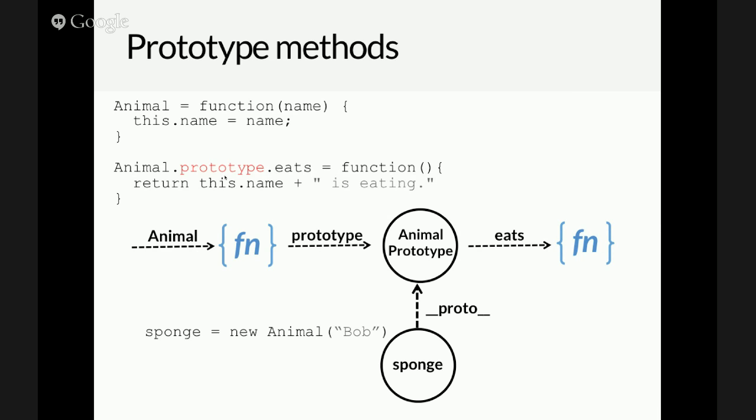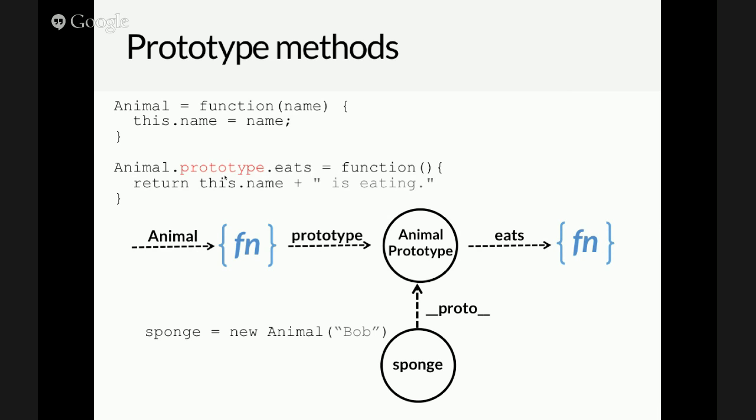And it's going to walk up the proto to the animal prototype. And it's going to say, do you have an eats method? And it does. And it will return that eats method, which is kind of cool. If we can point the proto where we want, we can stash methods and properties in higher places to conserve memory. In this case, if you wanted to create 1,000 animals, you would still just have one eats method, but they all have access to it.